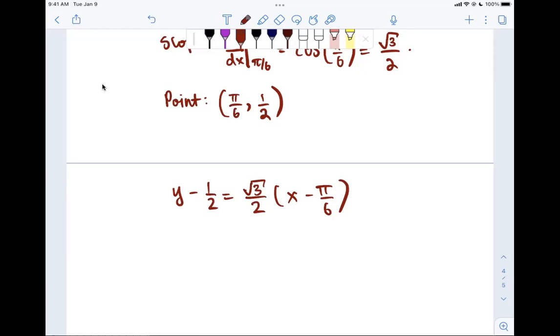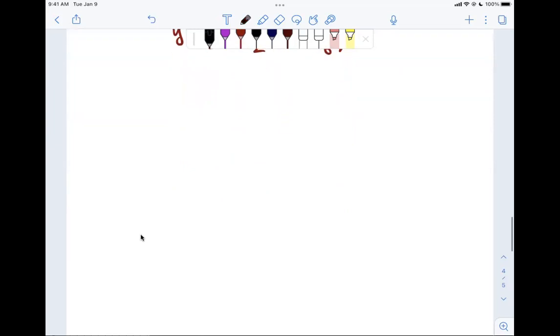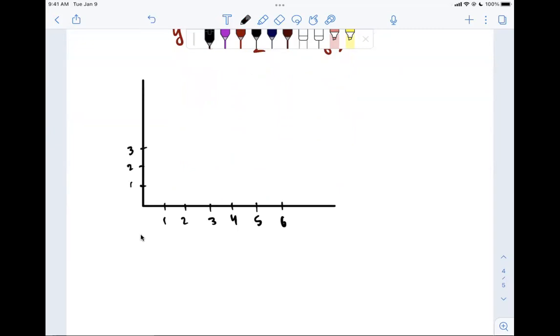All right, let's do one example working with a graph. So I'm going to draw a graph and write down the question here. So we're going to have a line segment going from (0, 3) to (1, 3).